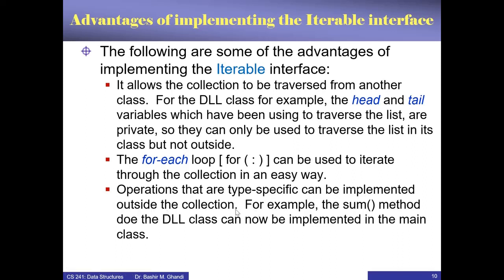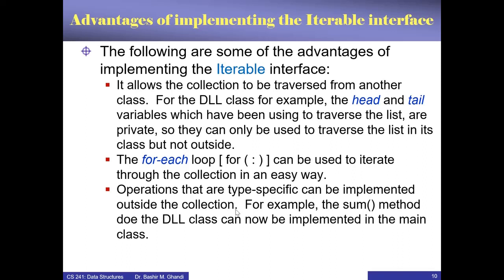The point here is, if we wish, for example, we could have defined the sum inside the DLL class itself. So we don't need any iterator or iterable. Just start from a temp equal to head, get the next element, add it to sum, and so on. But remember, the DLL class is supposed to be generic.